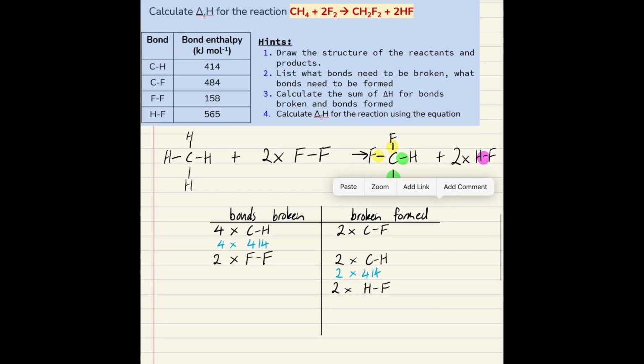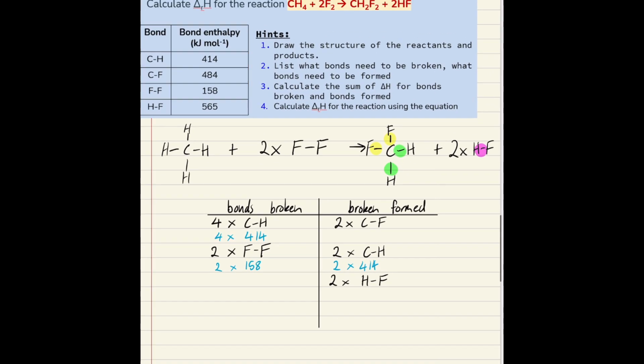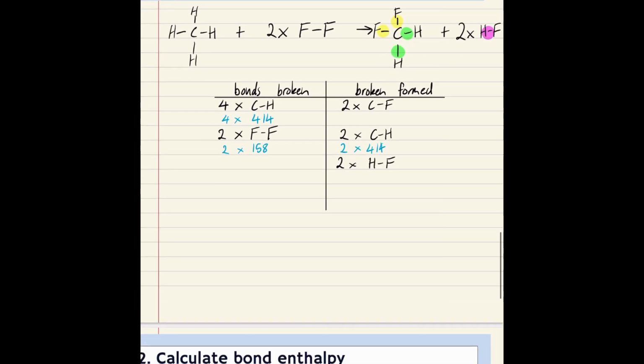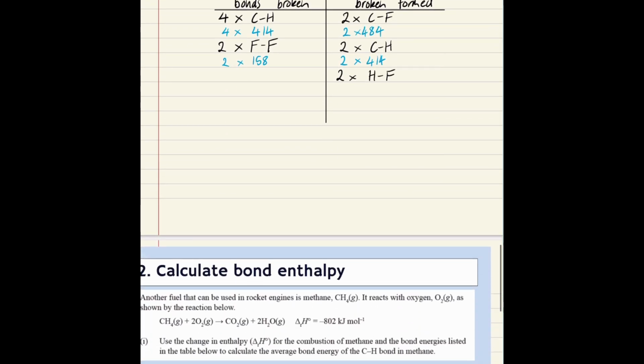Looking at the F to F bond, I've got 158, so 2 times 158. Then C to F is 484, and finally, the H to F is 565.